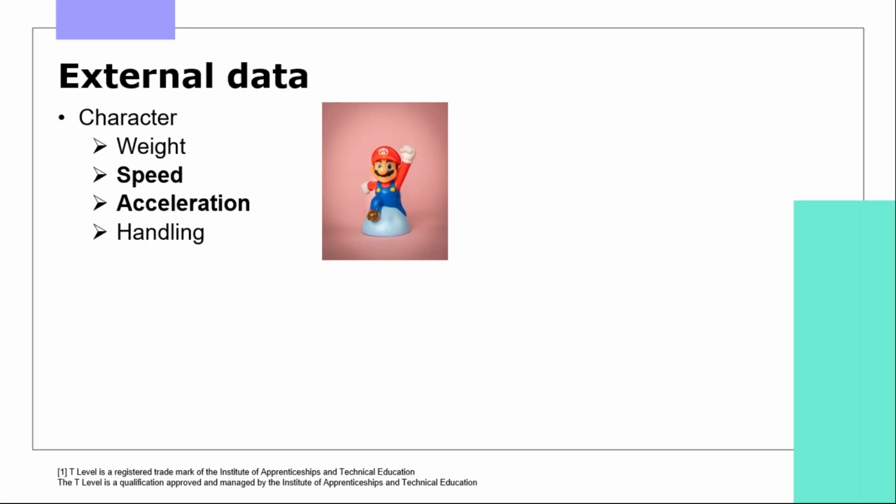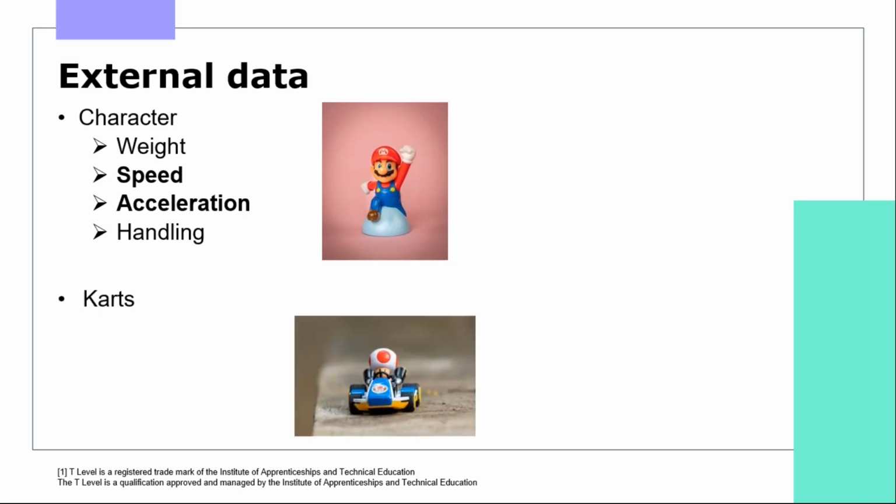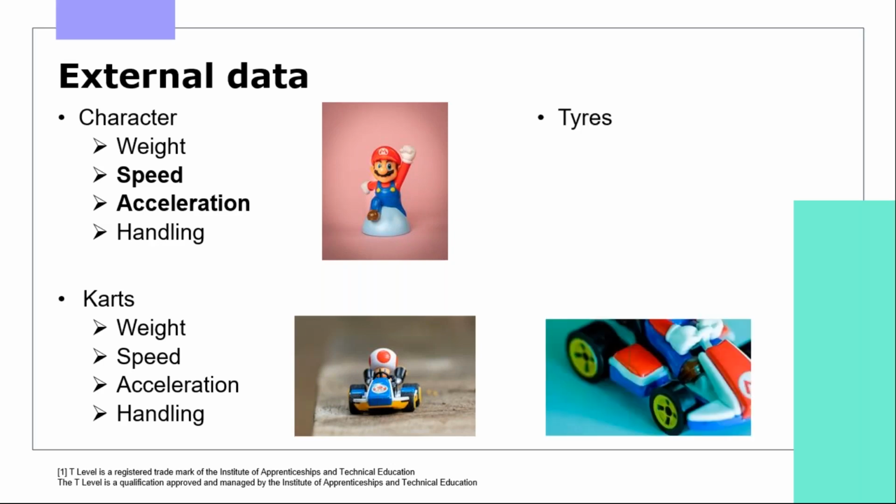And then we have the karts and tyres, and each of these have their own statistics. The kart statistics could include the weight, speed, acceleration, and handling, and the tyres could include the weight, speed, acceleration, and handling also.